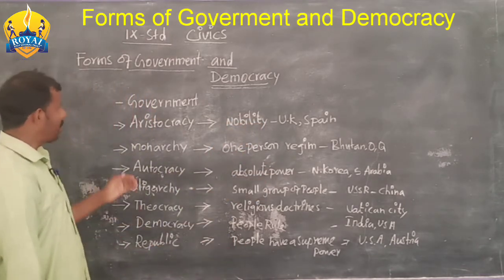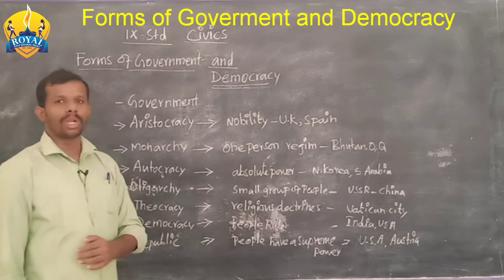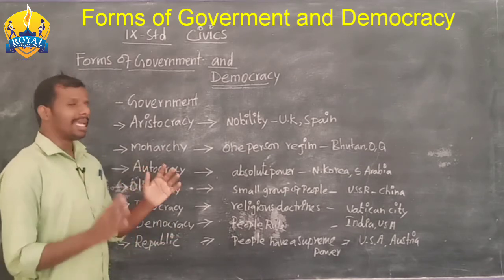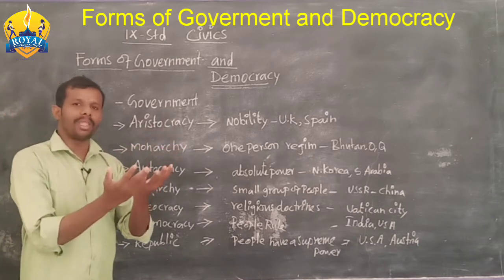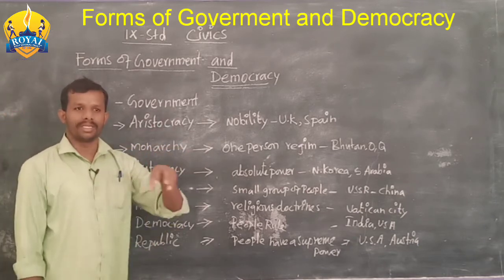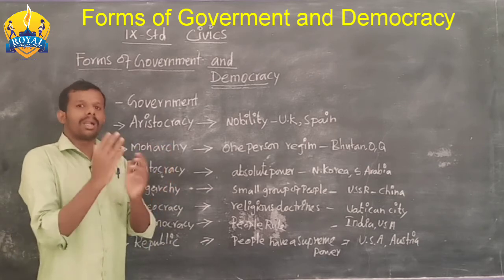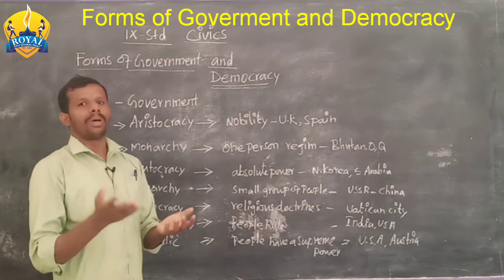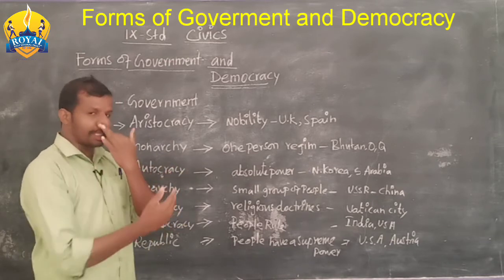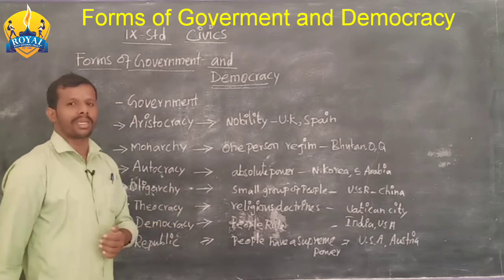Okay, the next type of government is monarchy. Monarchy means a single person who is supported by the people of the country. The king or queen rules the country with the assistance of courtiers. Courtiers means several ministers who advise and support the king or queen.